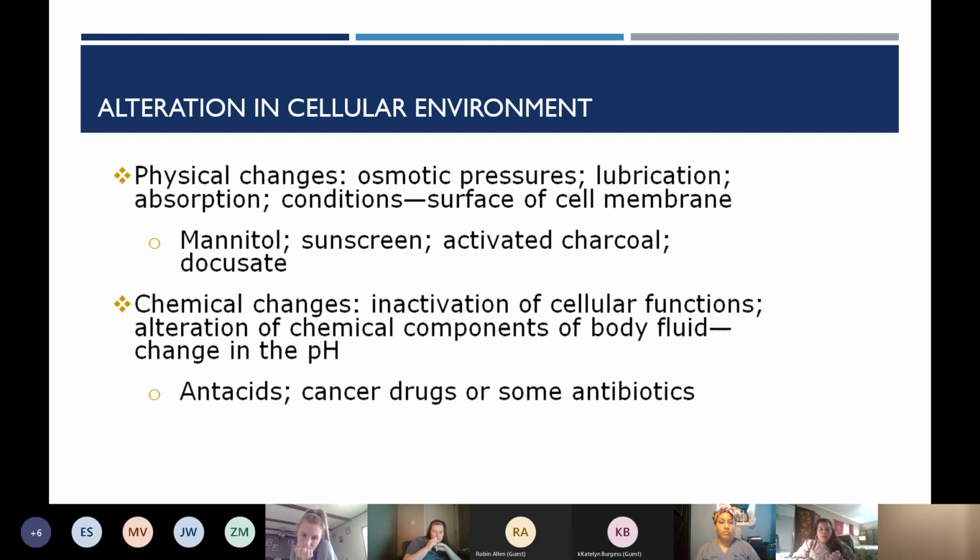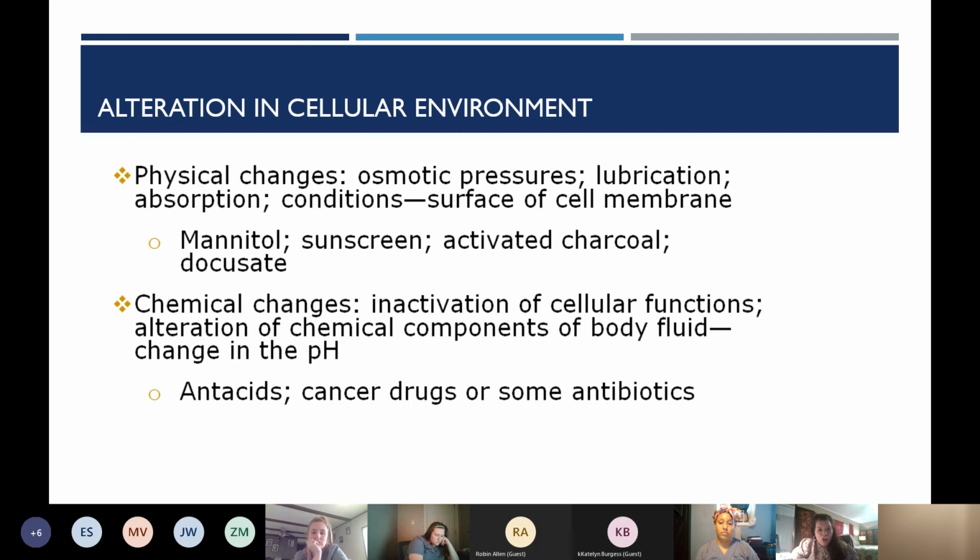Drugs can work in several different ways. They can cause physical changes, which would be changes in osmotic pressure, lubrication, absorption. So something that causes a physical change. Let's say a patient overdoses, and we give them activated charcoal after they've taken all this medication.